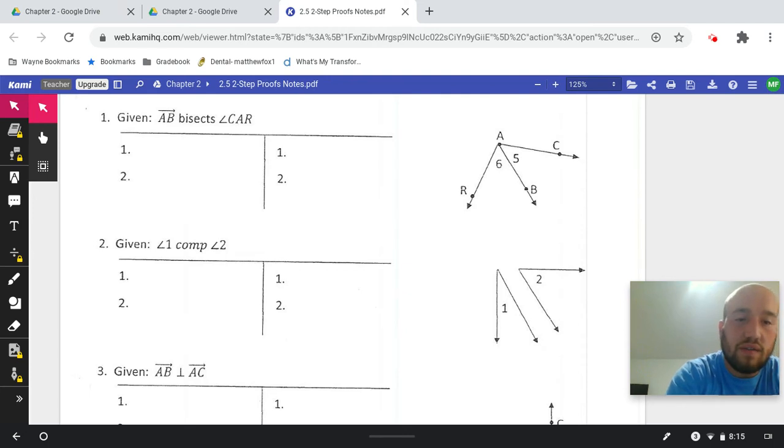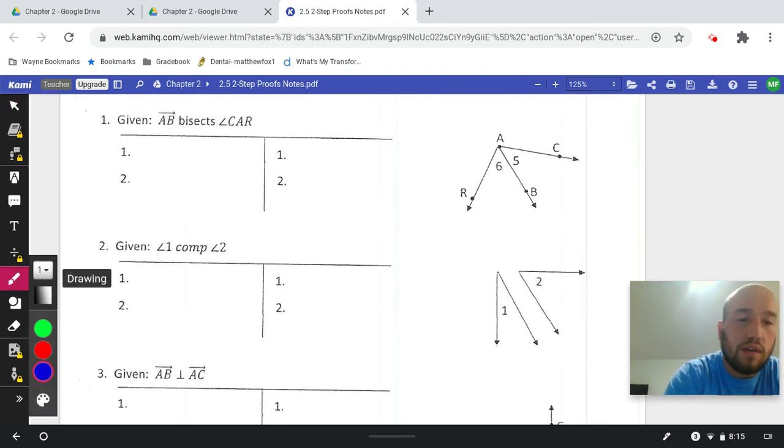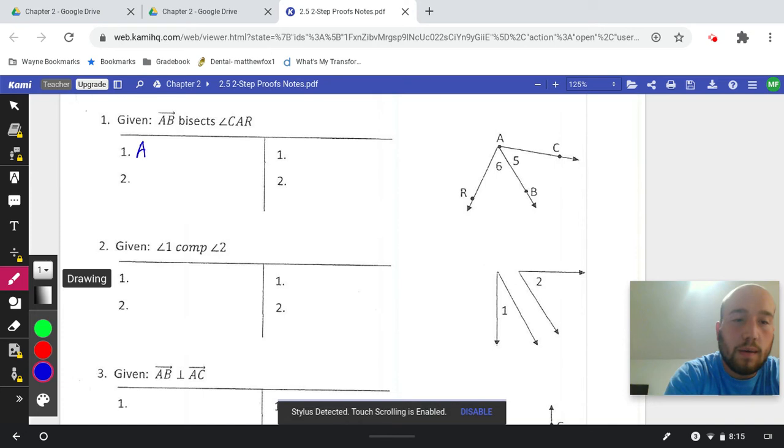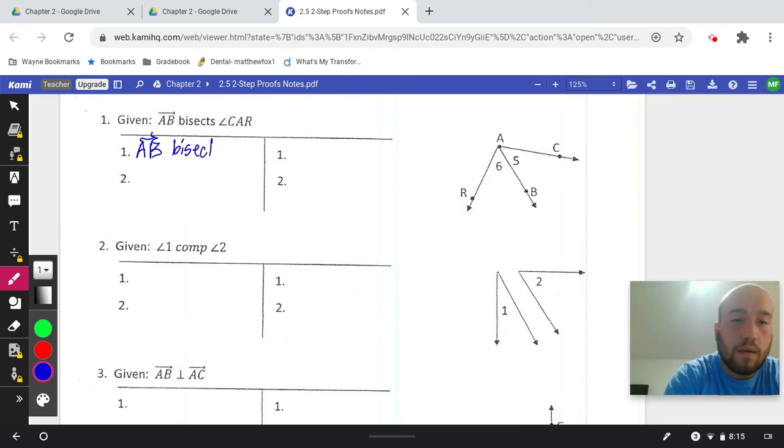It tells us what's given, so I'll go ahead and write ray AB bisects angle CAR, and then we have to make some sort of conclusion. So if that's a bisector, then we know that these two angles are the same.